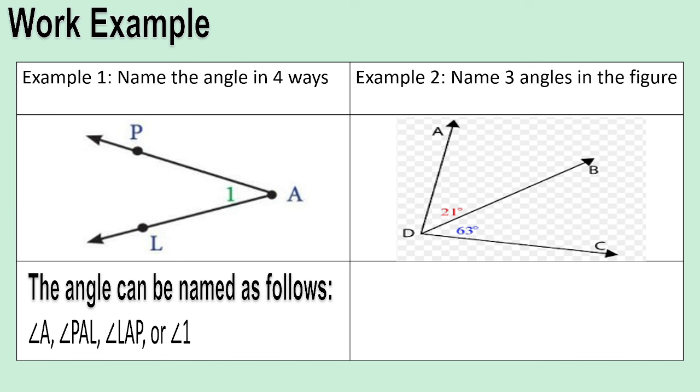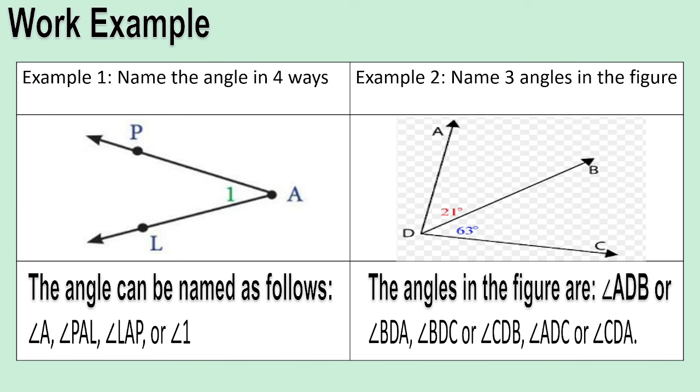Example 2. Name 3 angles in the figure. So the angles in the figure are angle ADB, or angle BDA, angle BDC, or angle CDB, angle ADC, or angle CDA.